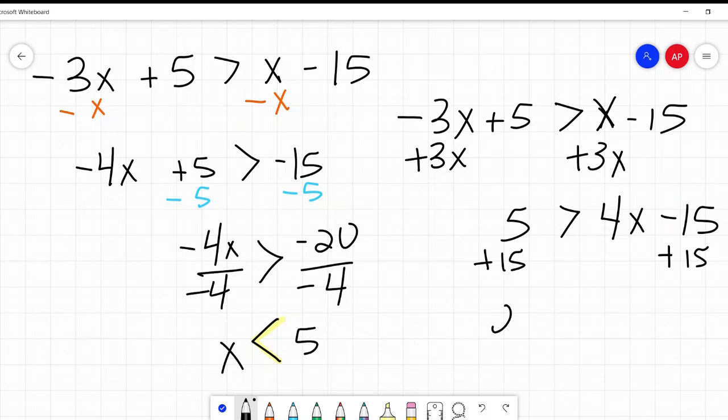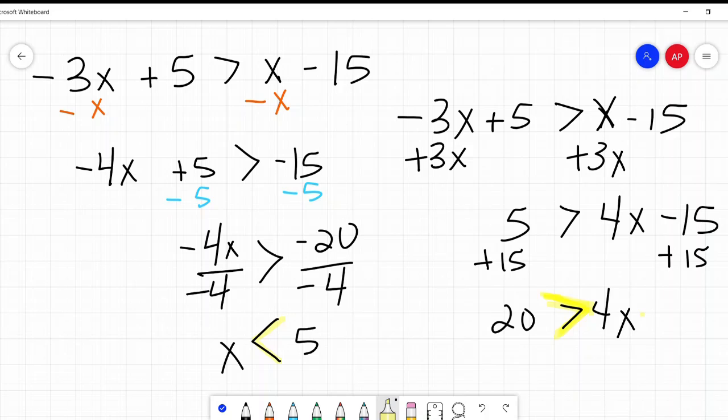Do you see what's happened? You've probably heard a teacher say that the alligator points towards the bigger number. The greater than or less than, the alligator points toward the bigger number. It's the small end of our greater than, less than symbol. In this case, it is greater than, but the small side is pointing towards the x.